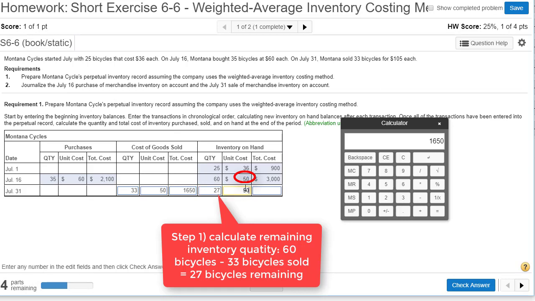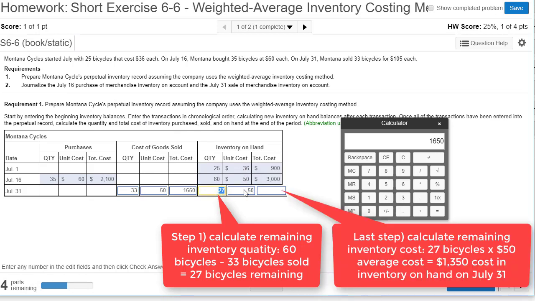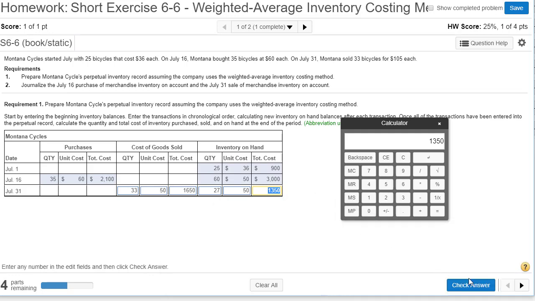So now we just need to calculate the total cost of 27 times 50. That gives us a remaining inventory value of $1,350. Now the $1,350 means that's how much those remaining bicycles cost us.